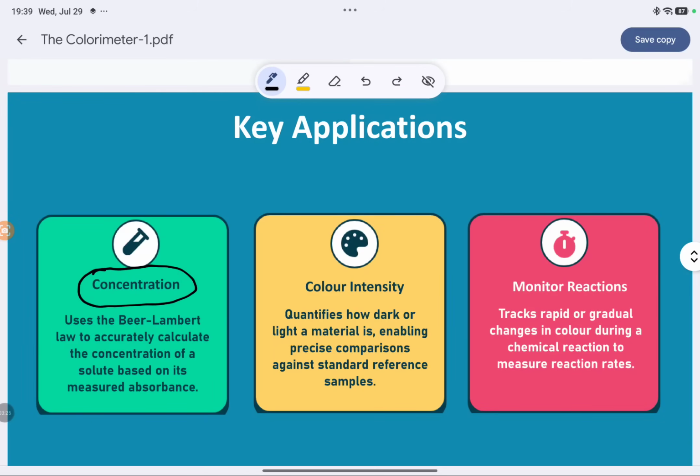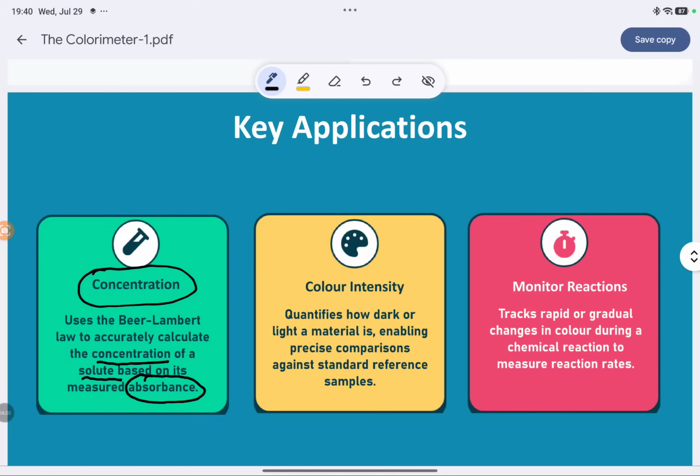The colorimeter works on a fundamental law known as Beer-Lambert's law, and this law accurately calculates the concentration of solute based on the measured absorbance. It means it will find the concentration of the colored solution.